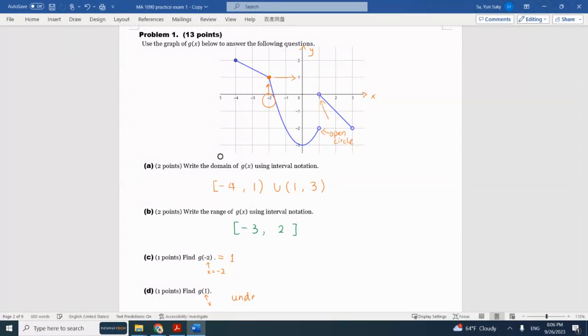So you can say undefined because the point is missing. We only have open circles. We don't have a solid circle. The point is missing. If you can understand part D, could you type D? Thank you.